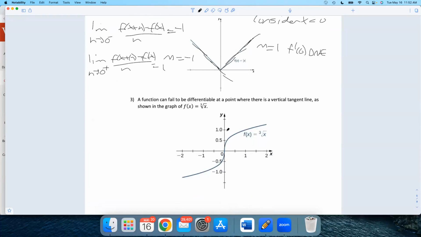Similarly, you cannot have an infinite slope. So the slope of the tangent line, this is a perfectly good graph. It's continuous, but right there at x equals 0, the tangent line is vertical. If we're coming in here, look at these slopes. That's maybe a slope of 1/2.